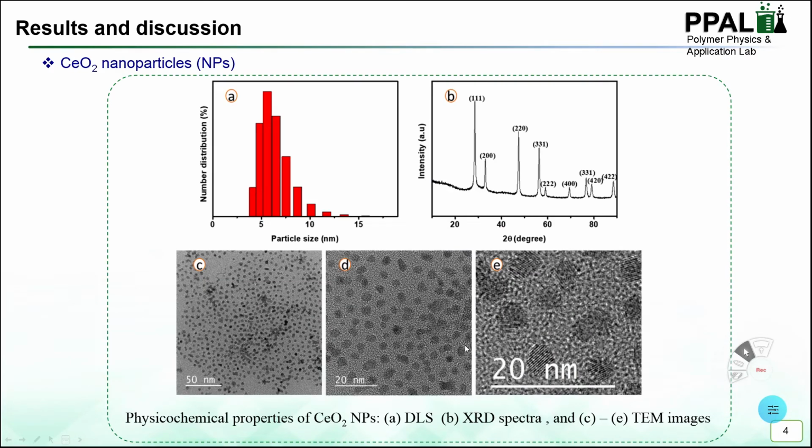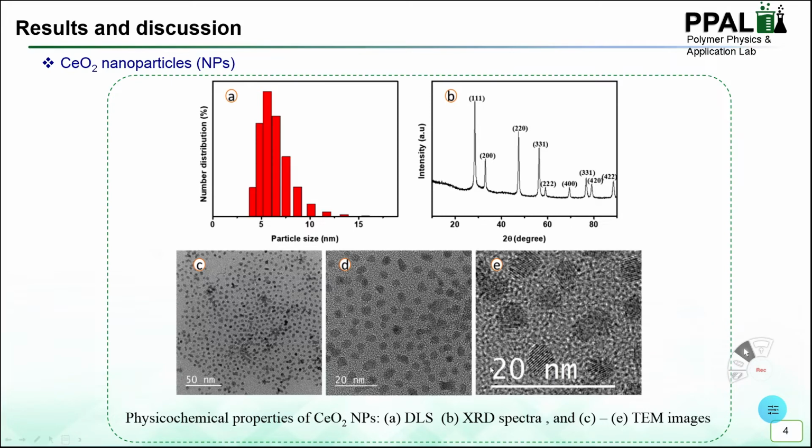And this slide shows the physical and chemical properties of the cerium oxide nanoparticle. We can see that the diameter of the cerium oxide is about 5 to 7 nanometers, and it's very uniform. Moreover, from the TEM image, the cerium oxide is a spherical nanoparticle.